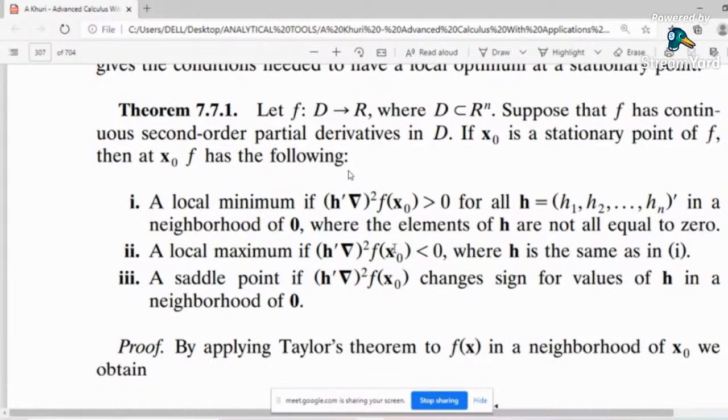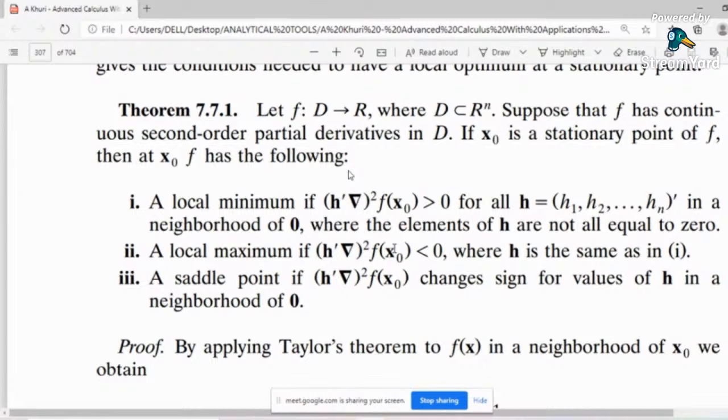And x naught is a stationary point, that is either maximum or minimum or saddle point. It's a stationary point of f. Then x naught satisfies the following conditions.